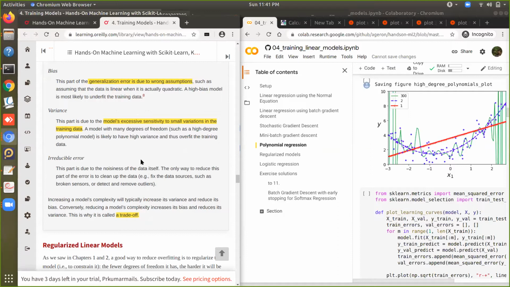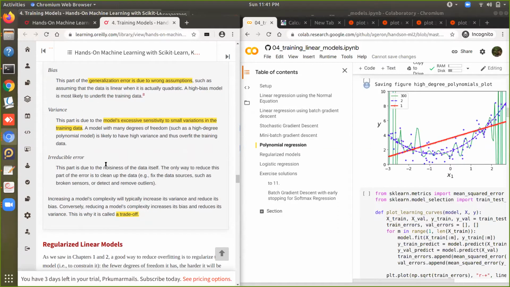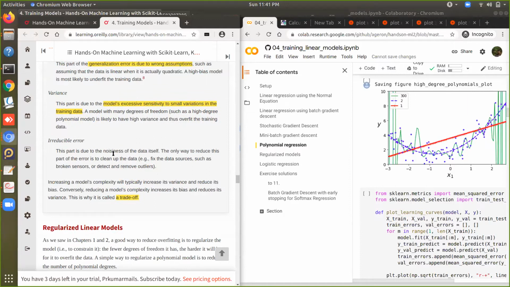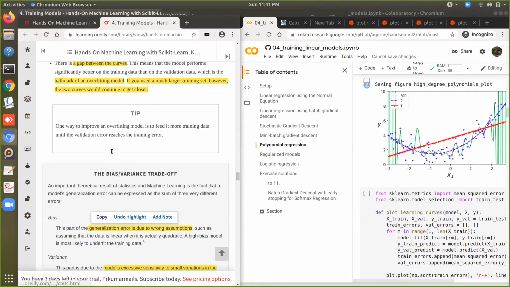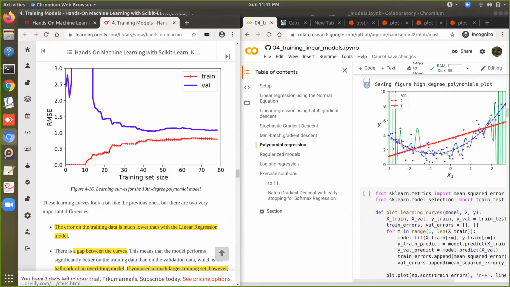A very good, intuitive way to think of what the new data is: if we go back to the plot that we were looking at, the 300 and the 10 polynomial, if you can scroll there. So right, the diagram on the right-hand side with the green line squiggling all about.